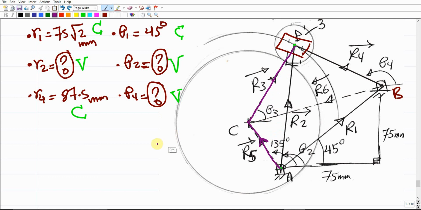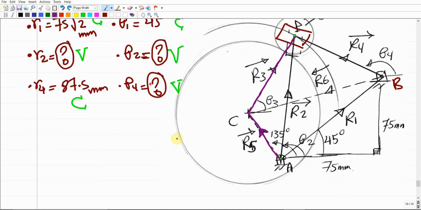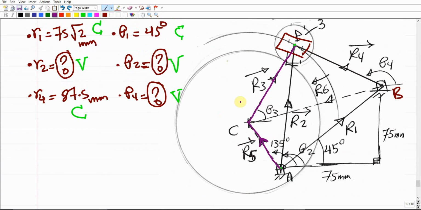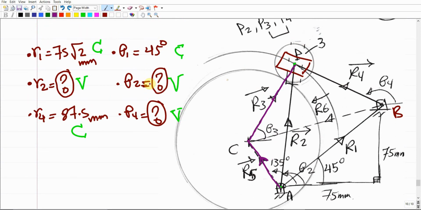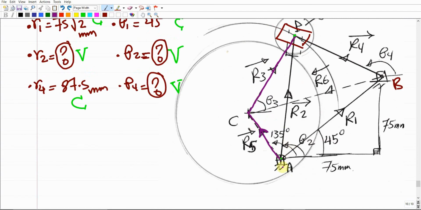As I mentioned, since theta 2 is not directly given but indirectly given, you can do some trigonometric calculations to come up with a value for theta 2, or if you are not interested in trigonometry, you can consider that theta 2 is unknown and form another loop. So we're going to form another 2 position vectors, R5 and R3.